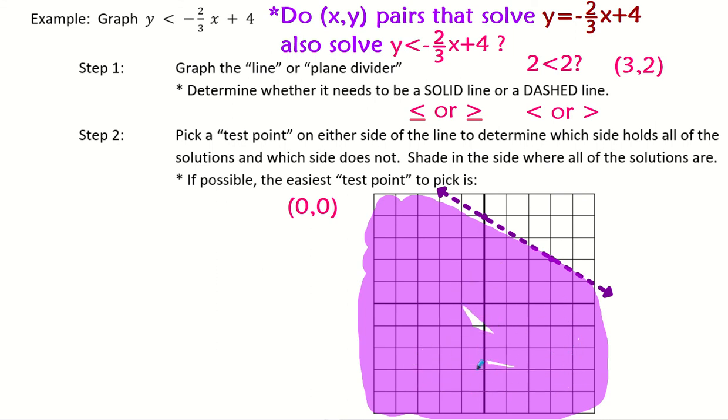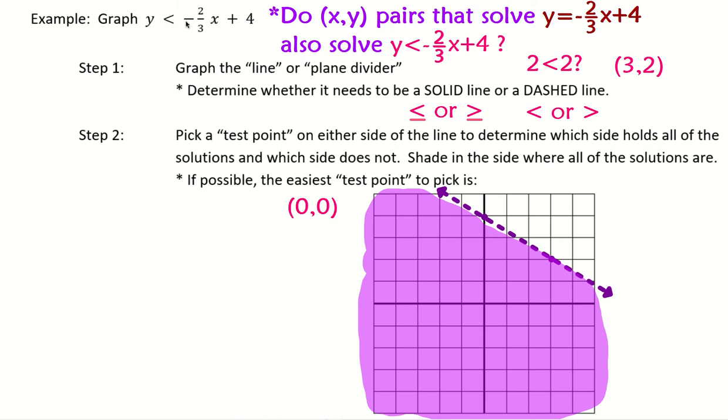And so here's what this means. If I would have gone the testing a point route, like testing (0, 0), (0, 0) is right there. So I have to assume that (0, 0) would plug in here and prove to be a solution. If you plugged in 0 for y and 0 for x, is 0 less than negative 2/3 times 0 plus 4?